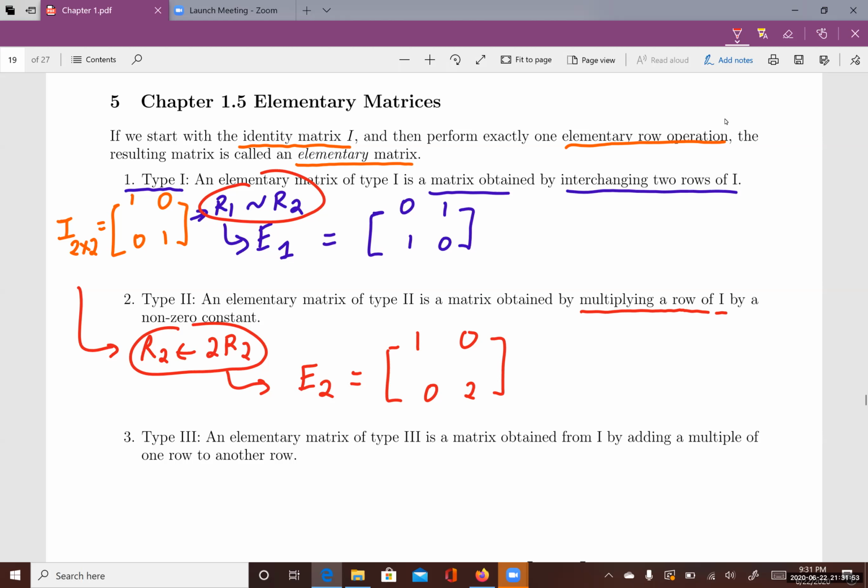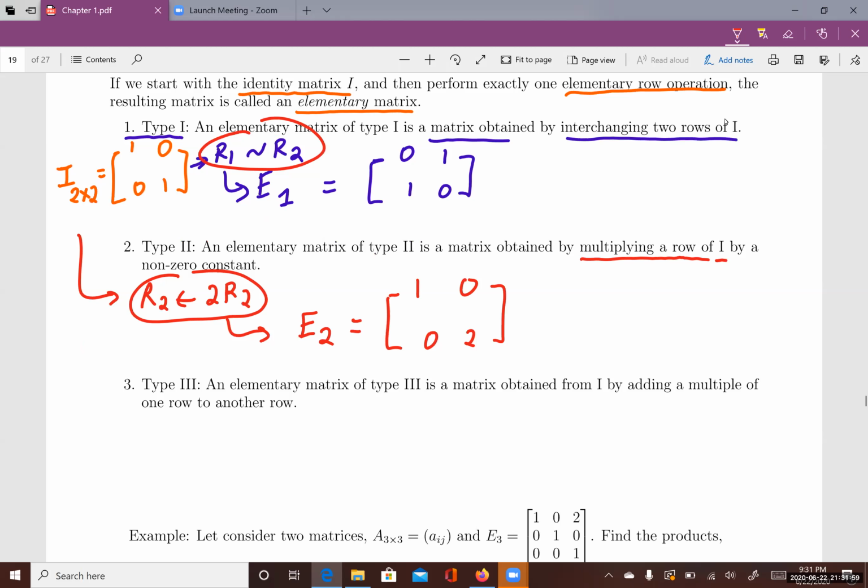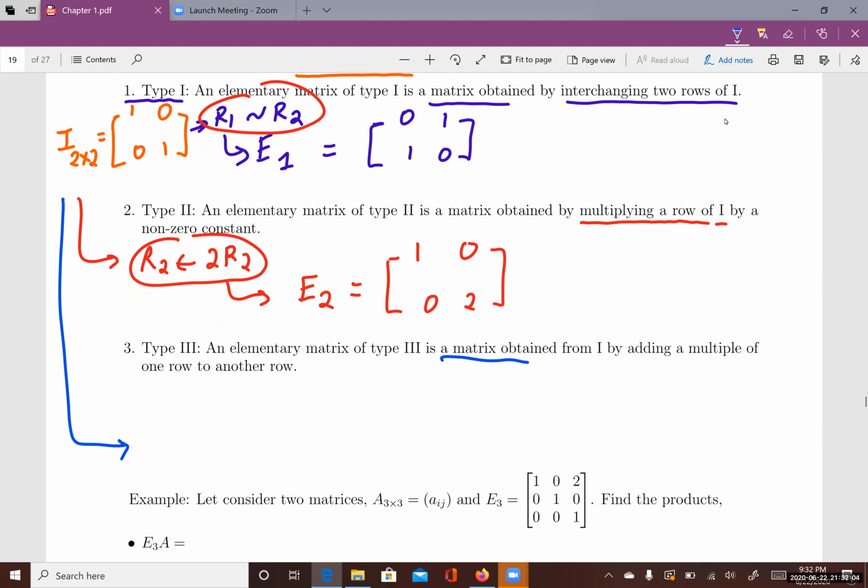How about type 3? Type 3 is a matrix obtained from the identity matrix by adding a multiple of one row to another row. Let's say I replace row 3 by row 3 plus 2 row 1.